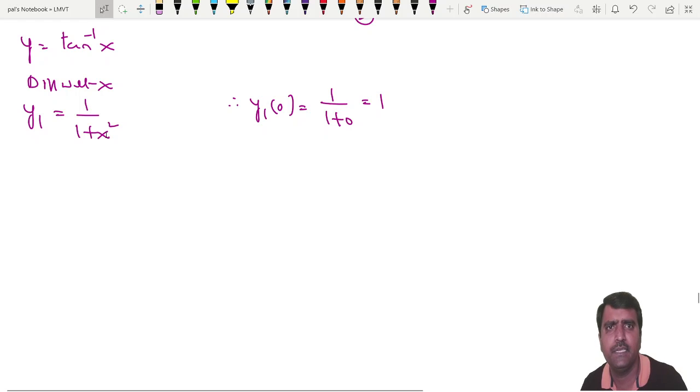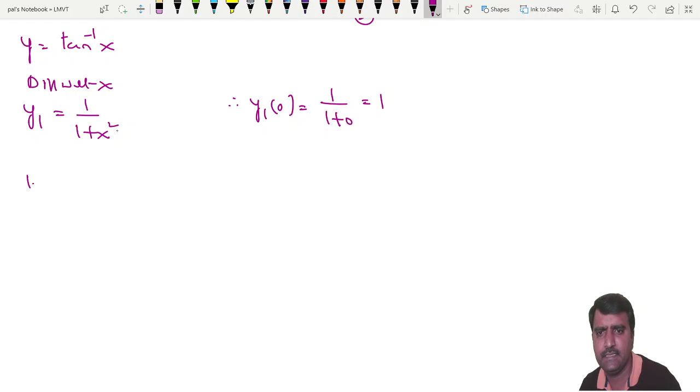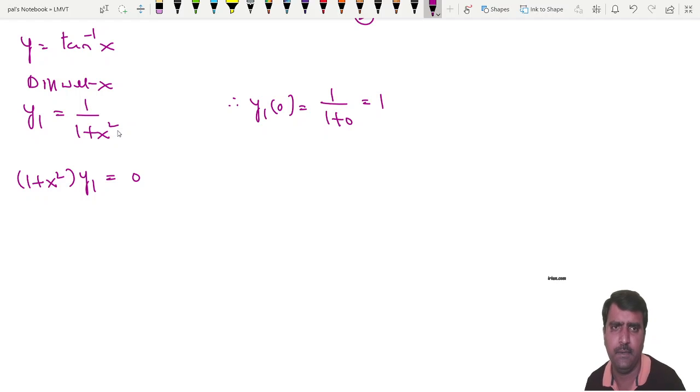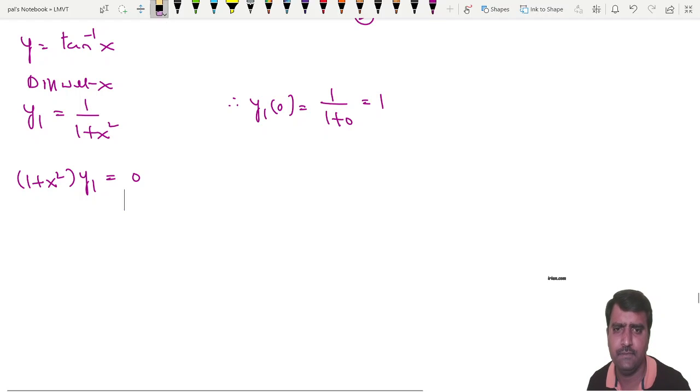So y2, y3, y4, you can find any differentiation of y with any order by taking its nth differentiation. To apply the nth differentiation for this, you take 1 plus x square into y1 is equal to, sorry, it is not 0, it is 1.